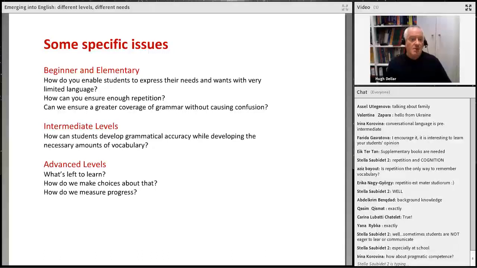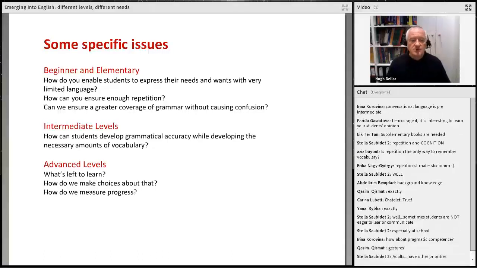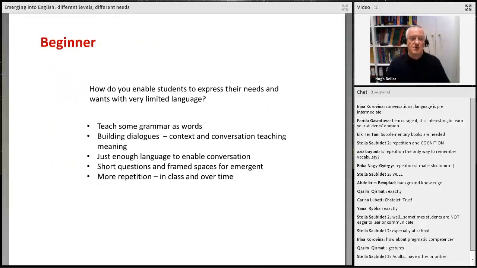Okay. When we get to intermediate levels, how can students develop grammatical accuracy while still developing the necessary amounts of vocabulary? And by the time we get to advanced levels, what's left for them to learn? How do we as teachers or as a writer make choices about that? And how do we measure students' progress?